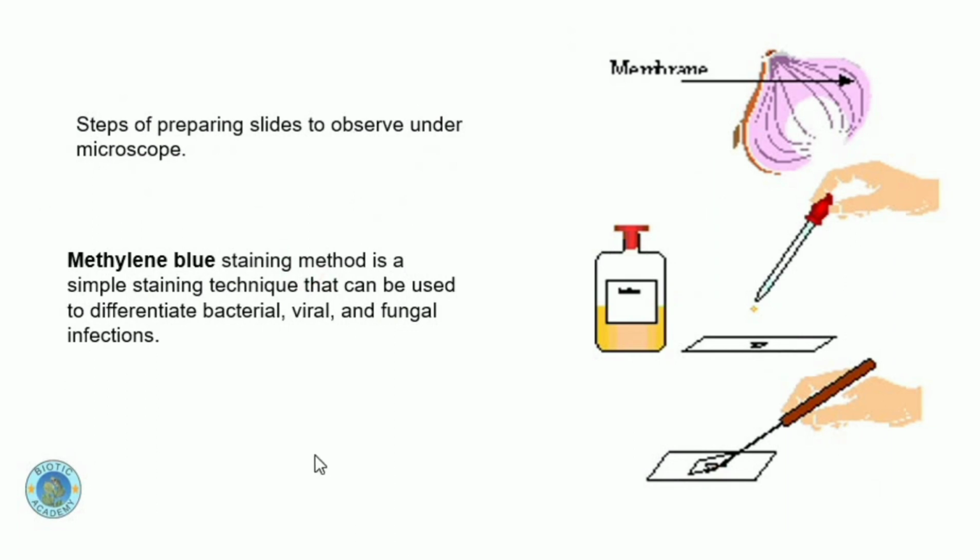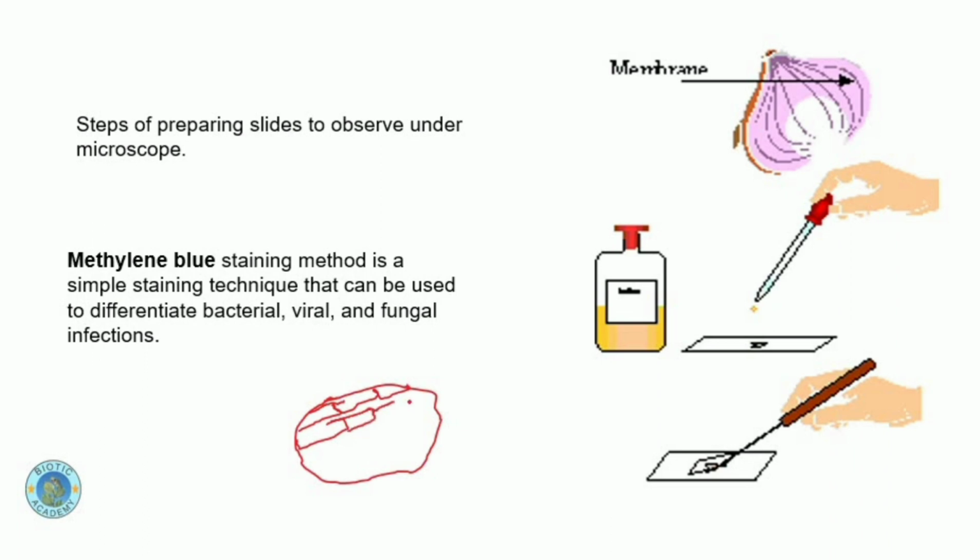Now, in order to view the specimen under the microscope, we need to follow a proper procedure for making the specimen ready to be observed. Here, according to your syllabus, you have to observe the onion epidermal skin. You need to have a slide, and over the slide, first of all you need to peel off the thin skin of the onion, which is very tissue paper like.